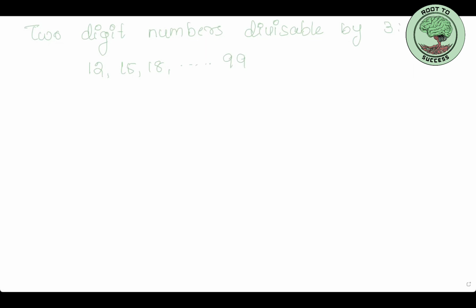So let's see, is this an arithmetic progression? Let's say A will be 12 and D will be 15 minus 12, that is 3, and AN will be 99.